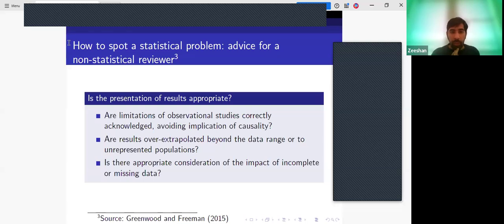So the other three points that you should keep in mind when you're reviewing your work are: are the limitations of observational studies correctly acknowledged, if you're conducting observational studies? Are results over-extrapolated beyond the data range to unrepresented populations?